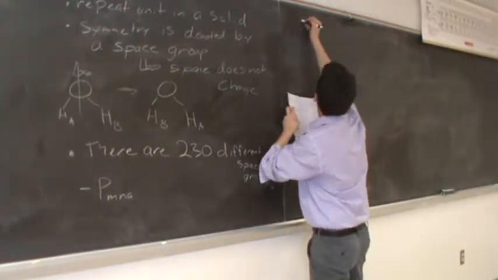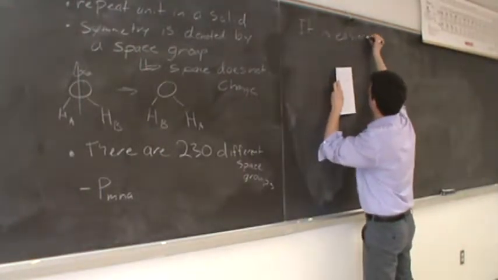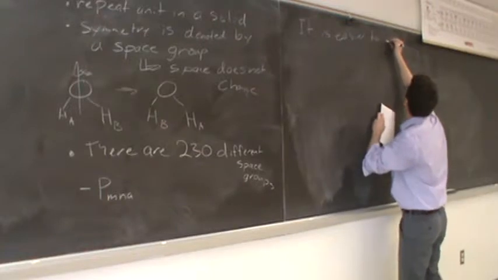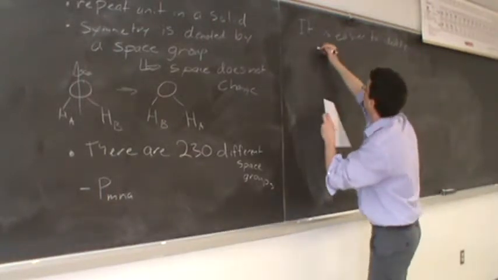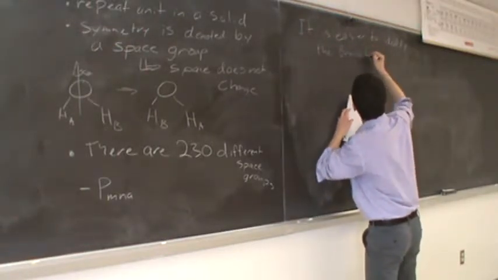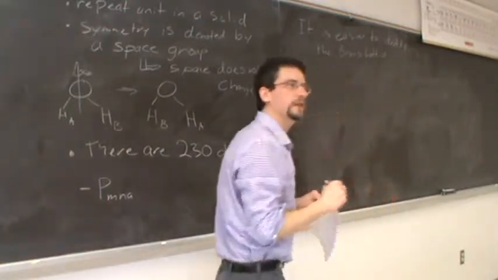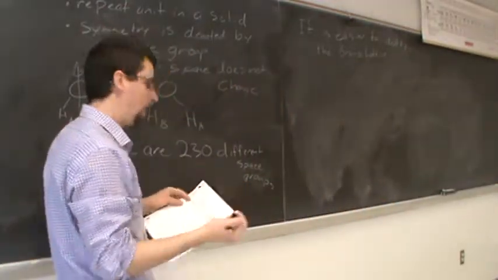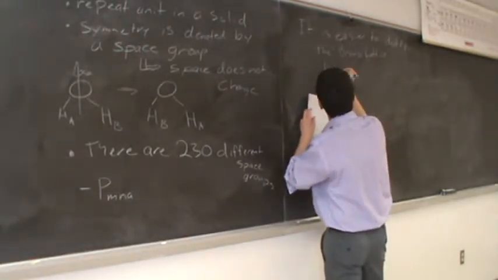So it is easier to identify the Bravais lattice. Most people in chemistry and definitely in physics know all the Bravais lattices. There are only 14 of them.